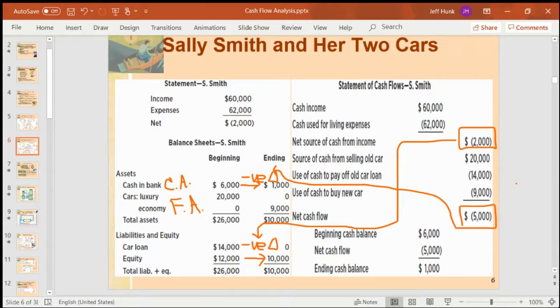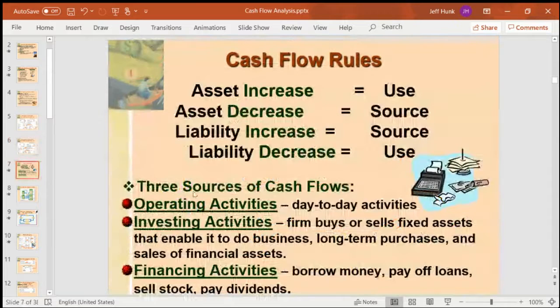All righty. Now, here's something we have to establish very clearly: if assets increase, then you're using cash, right? That means negative cash flow, right?